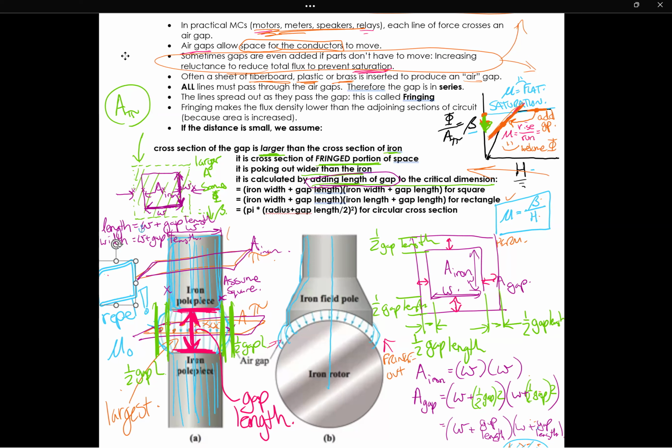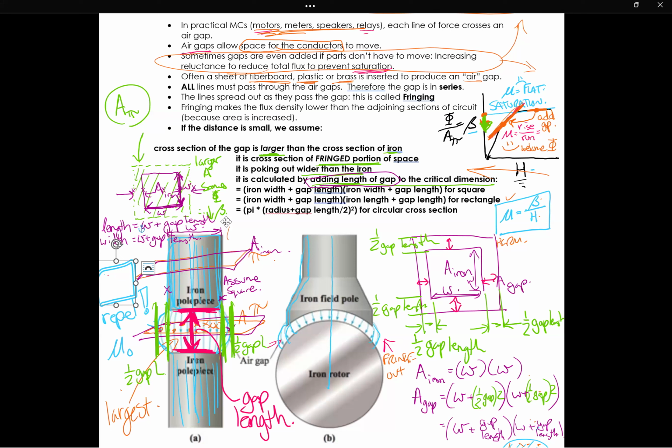And if I can show you what I mean by that, let's just say that I now have a circular cross section.